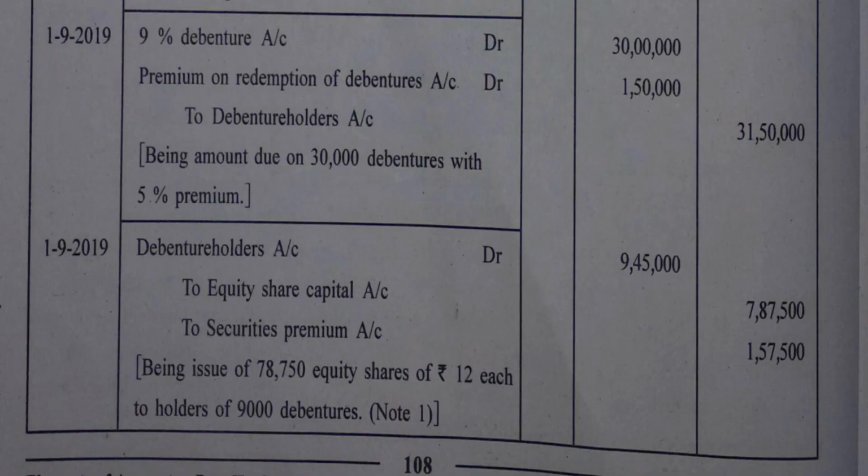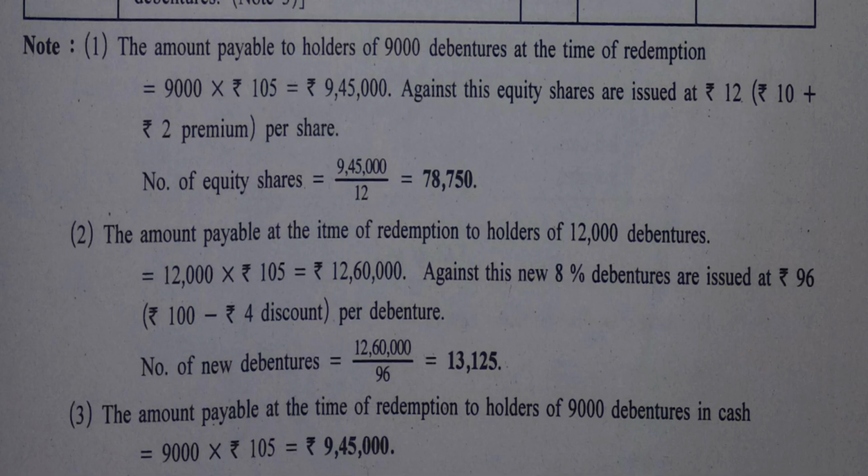So let us see the calculation for this first and then we'll see the journal entry. The amount payable at the time of redemption to holders of 12,000 debentures. I am reading the second working note. See, firstly, 12,000 into 105, because 105 rupees is to be given at the time of redemption. So to the holders of 12,000 debentures, total 12,60,000 rupees are to be given.